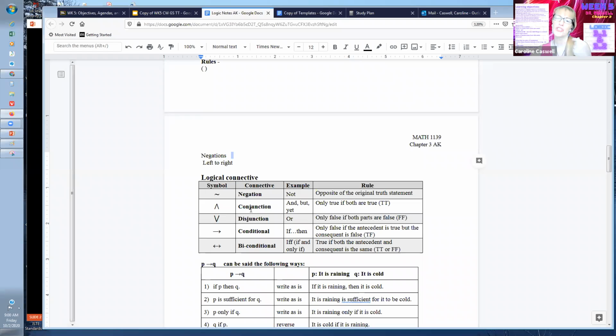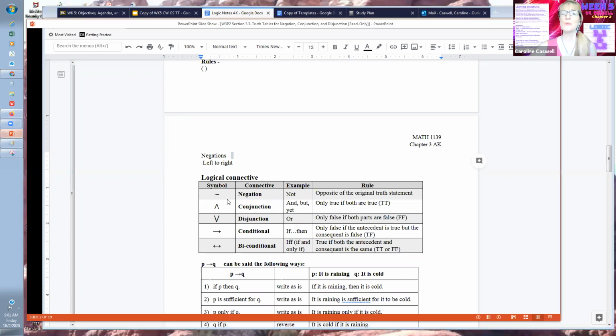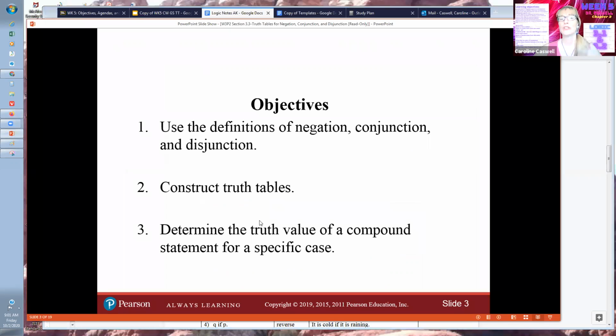And I think of conjunction and and as going together, and or and disjunction going together, since and is earlier in the alphabet than or. That's just how I think of it. So that's what we're going to be working on today. We're going to learn their definitions, how to do a truth table, and how to do a compound statement for a truth table.